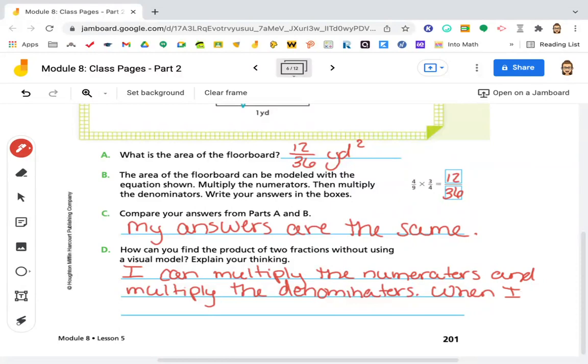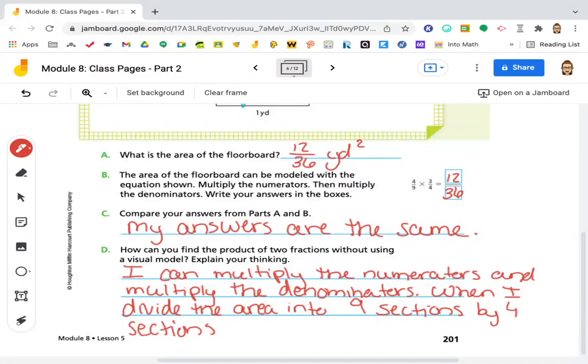When I divide the area into 9 sections by 4 sections, it is like multiplying the denominators.